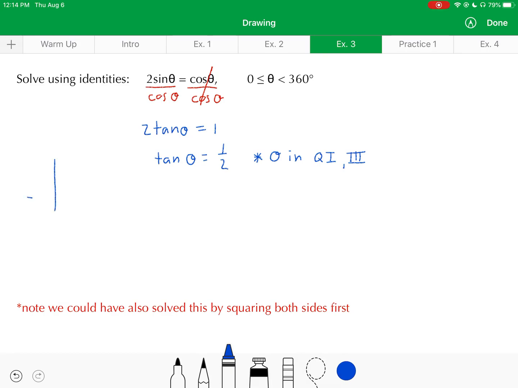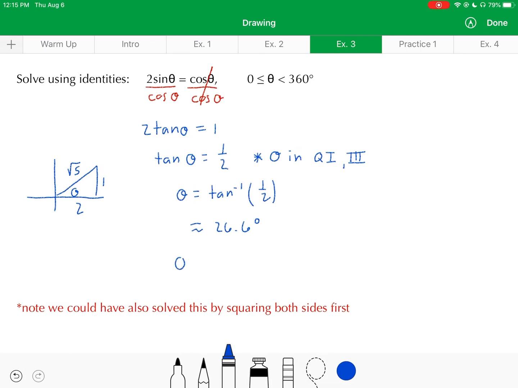Now let's draw out quadrant 1 here. Y is 1, x is 2. That's going to make r radical 5. That is not a special right triangle, so that's my indication I need an inverse tangent function in my calculator, okay? So I'm going to find inverse tangent of 1/2. The calculator should give me the first quadrant angle, which is going to be approximately 26.6 degrees, okay?